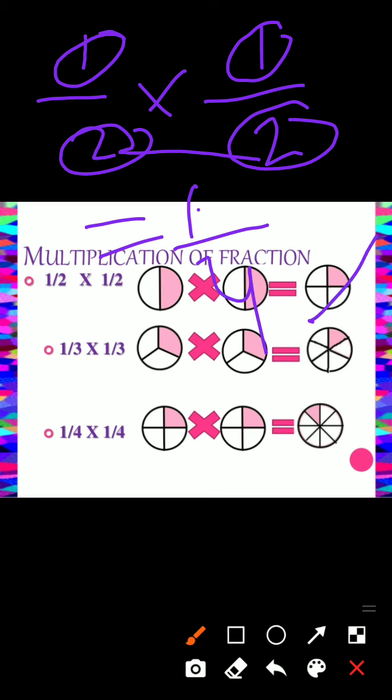So you need to form a 1 upon 4th part. It means one whole thing, you will make a total of 4 parts, and one part will be colored.